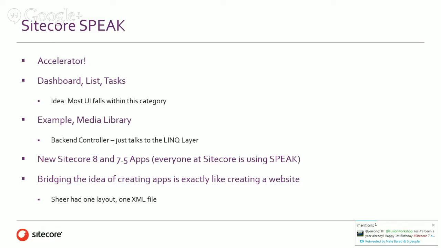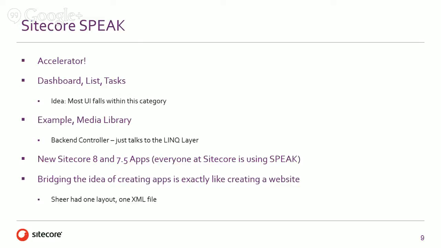An example of Speak, if you haven't noticed it so far, if you've installed 7.1 or 7.2, the media library has been revamped. And the interesting thing, when we were working with Jakob and Pierre on the integration between the media library and the content search stuff, was that the binding between the front end and the back end was quite simple.